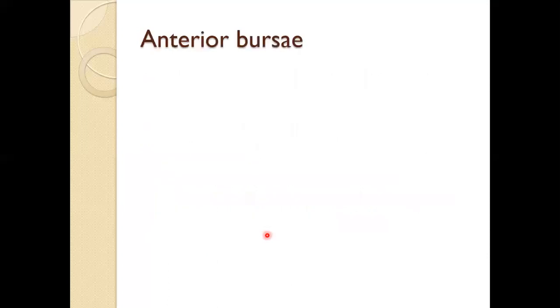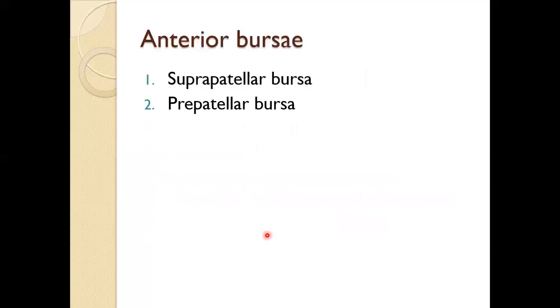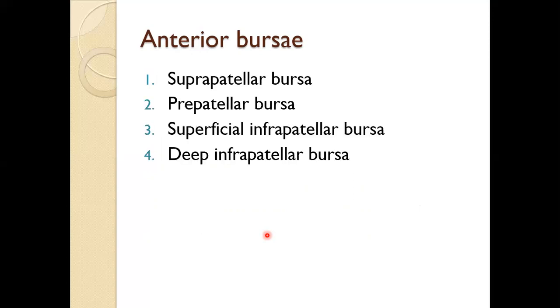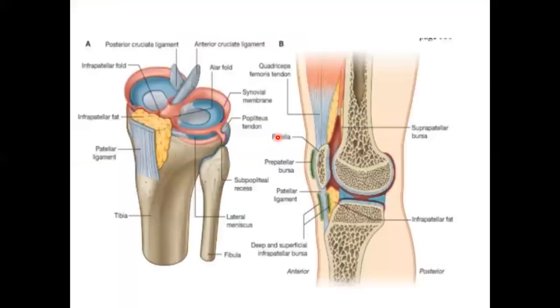Okay. Now the anterior bursae are named as suprapatellar bursa, prepatellar bursa, and the last two are the infrapatellar bursae, in which one is the superficial infrapatellar bursa, while the other one is the deep infrapatellar bursa, right?